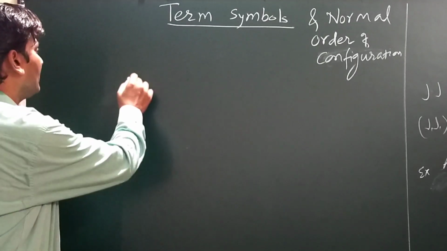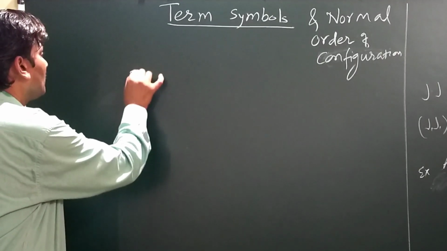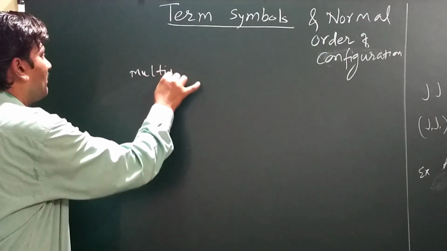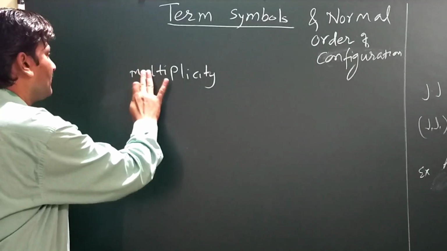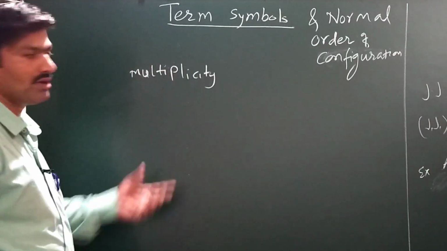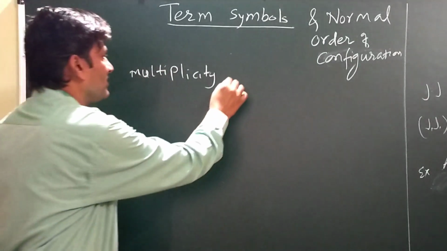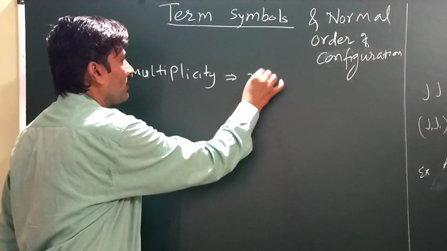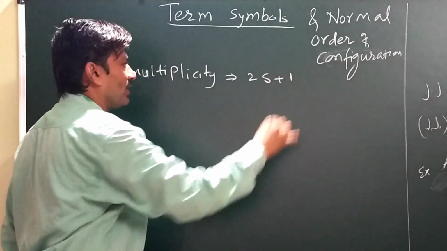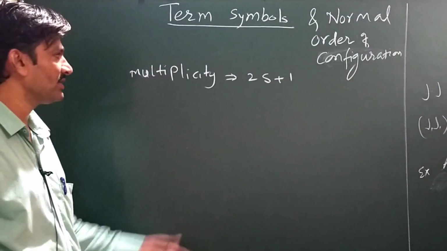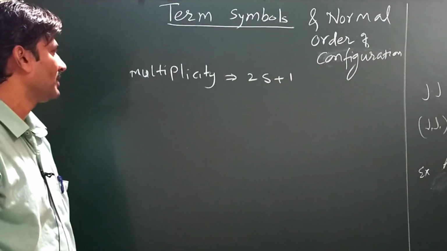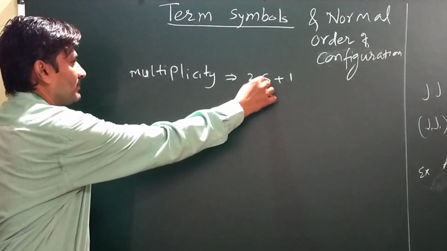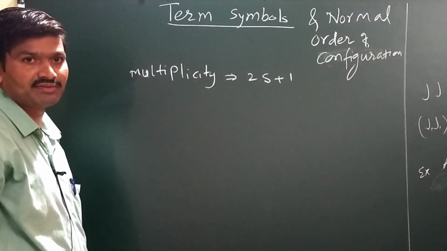Multiplicity is used to write the terms, and it is denoted by 2S plus 1. Then another term is the electron state.